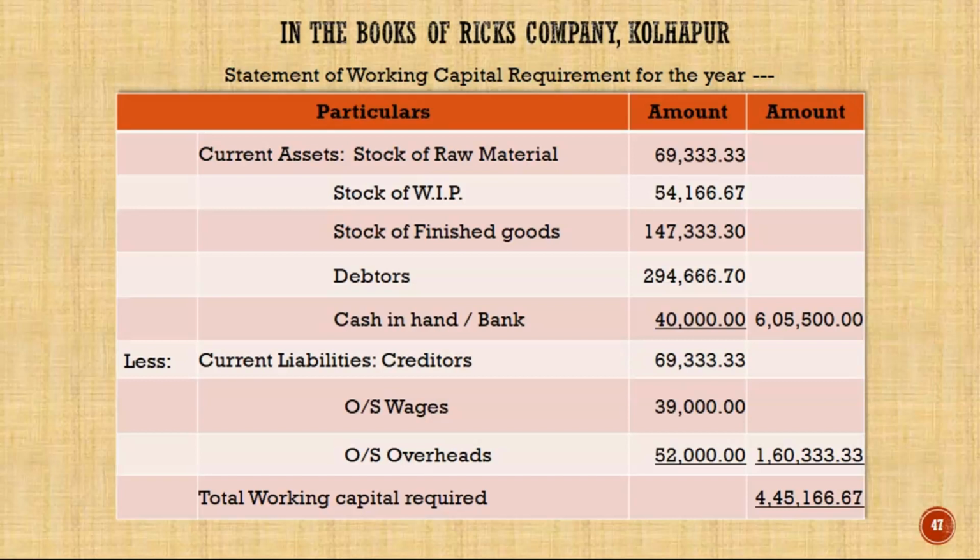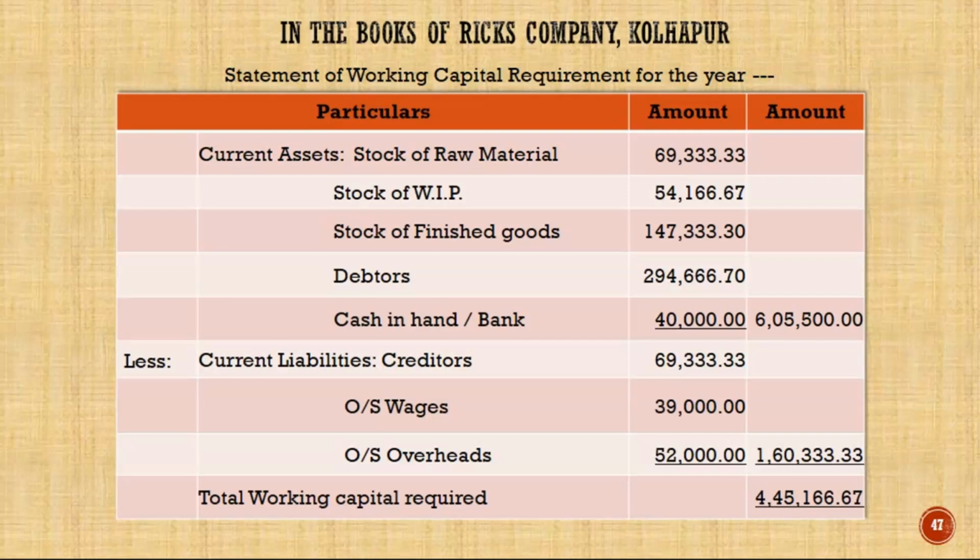And here you must have understood how to calculate the working capital requirement of a firm or organization. Each and every component is very significant while estimating the requirement of working capital. And this requirement plays a very significant role, because on that basis only the company decides how much fund they should keep liquid to finance their various day-to-day activities.